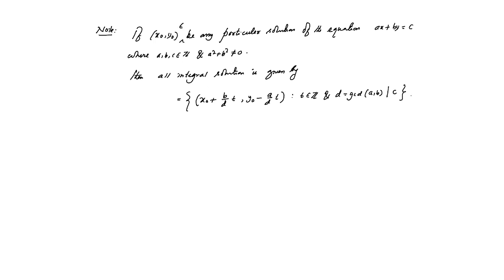And here x0, y0 is an integer solution, so it belongs to Z cross Z.